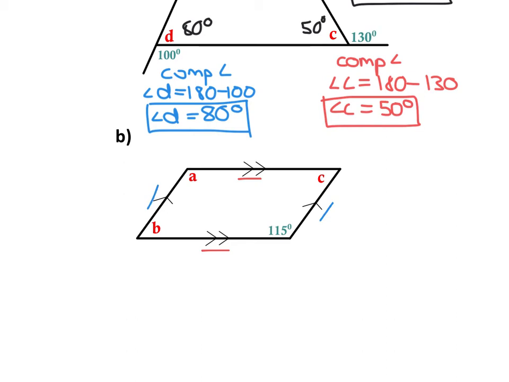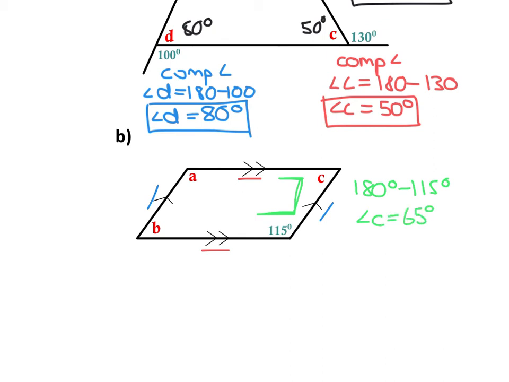So we know with parallel lines, we can use our co-interior angle or our F pattern or Z pattern rules in this situation. So for example, you could use co-interior here. So we know for that 180 degrees, subtract 115 degrees. So angle C is equal to 65 degrees.